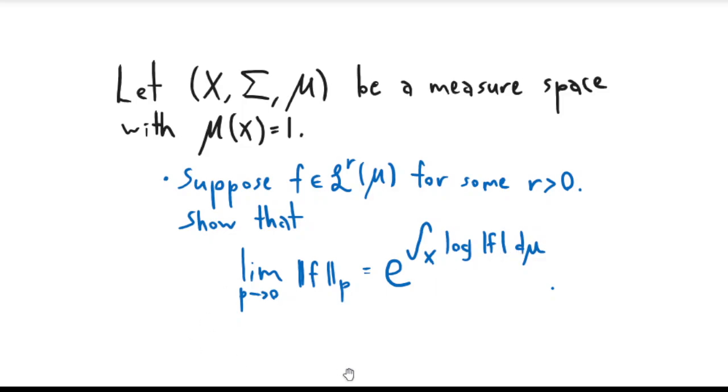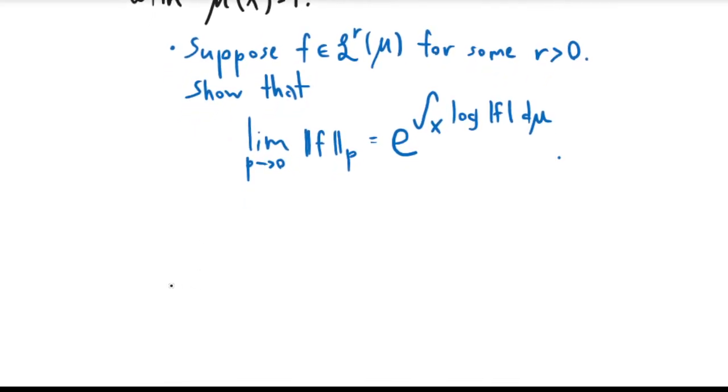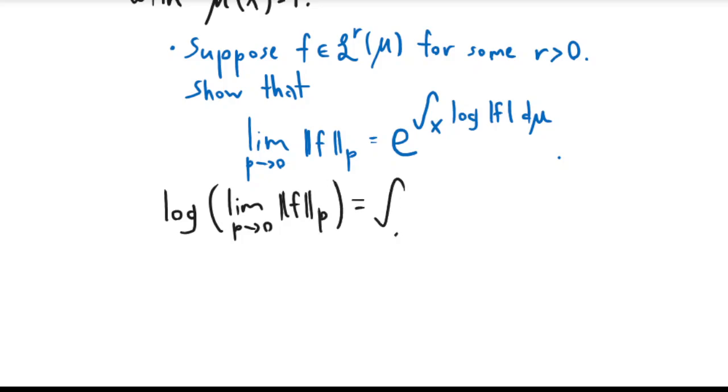So this is not super easy to show, but we can get started. So the first thing that we can do is we can rearrange this expression a little bit. So if you take the log of both sides of this, basically it would be enough to show that the log of this limit is equal to this integral log absolute f d mu.